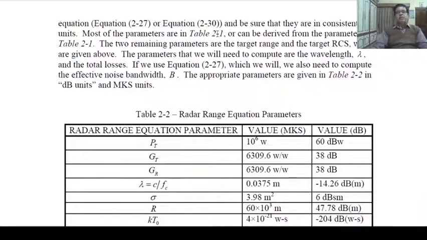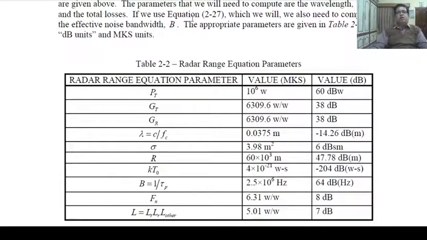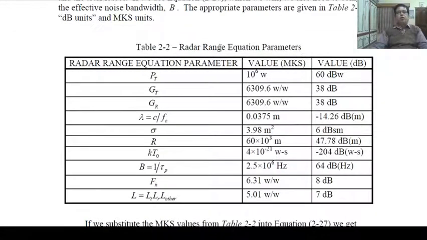Most of the parameters are in table 2.1 or can be derived from the parameters of table 2.1. The two remaining parameters are the target range and the target RCS, radar cross section, which are given above. The parameters that we will need to compute are the wavelength lambda and the total losses. If we use equation 2.27, we also need to compute the effective noise bandwidth.